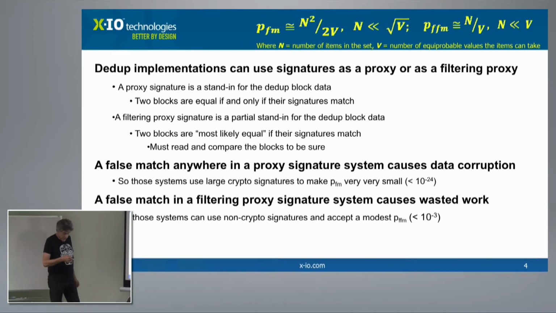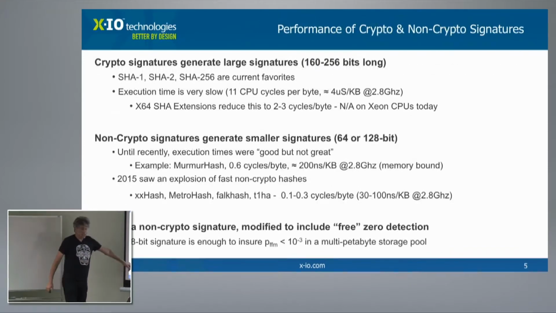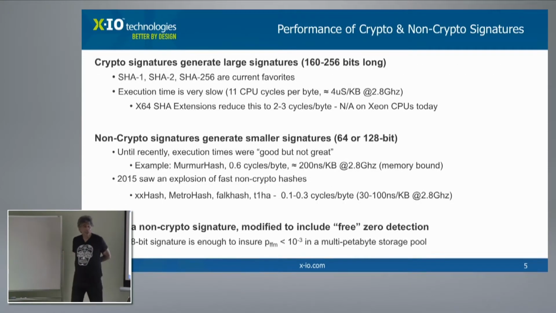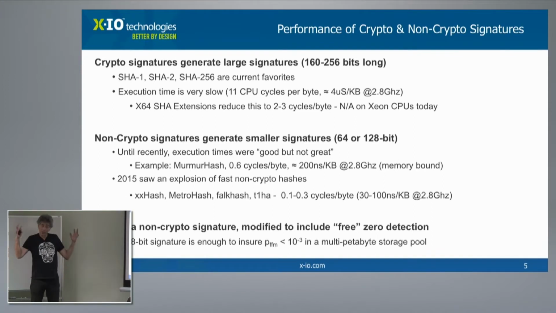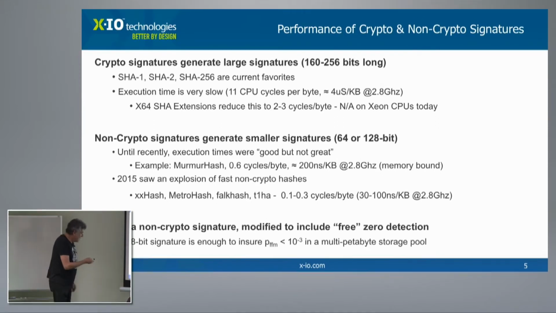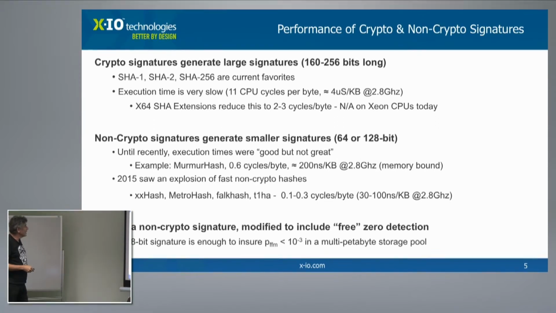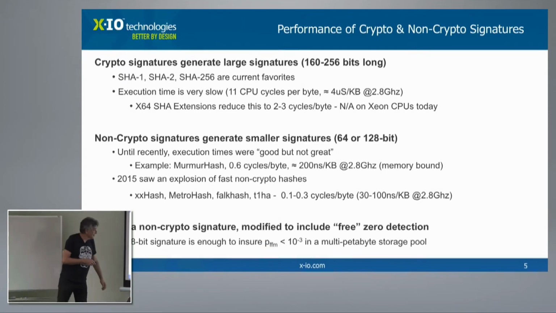We can live with that. So we can get away with a nice cheap 48-bit signature, which means our tables shrink down and our lousy caching becomes more effective because we're caching more signatures, even though we're not caching more data blocks. The CPU trade-off is down to a fraction of a core, even for the highest performance systems.